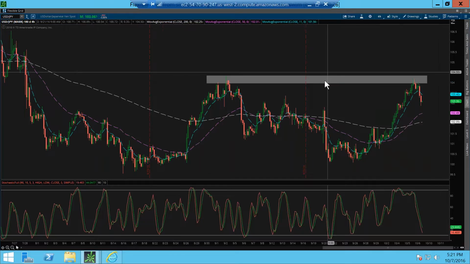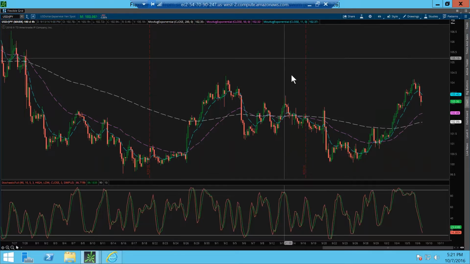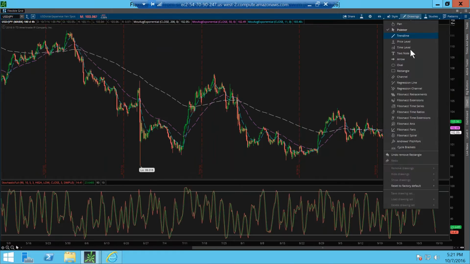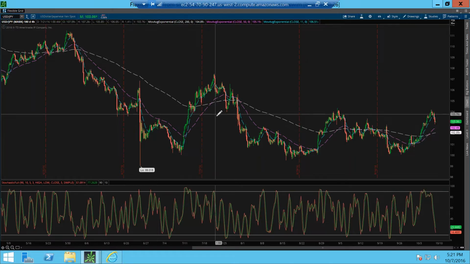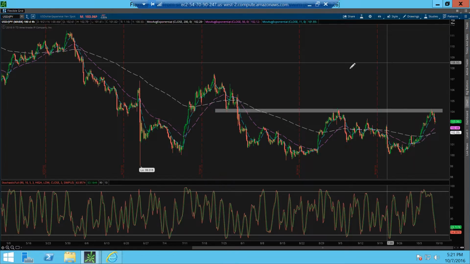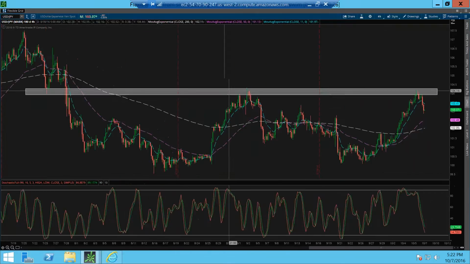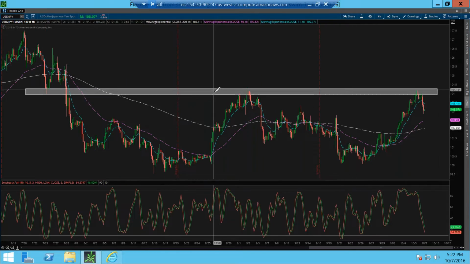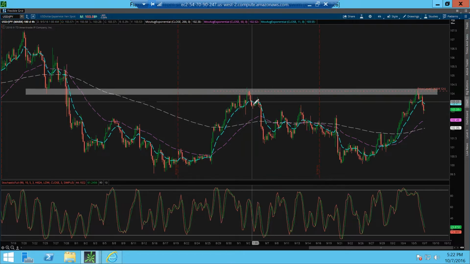Oh, you know what? Sorry, I drew that wrong. So it was a demand zone that turned into a supply zone. It was just created here. And if I draw that over, so here is my demand zone turned supply zone once it was broken. And then from there, I had an additional resistance level right at the start of the big spike down.